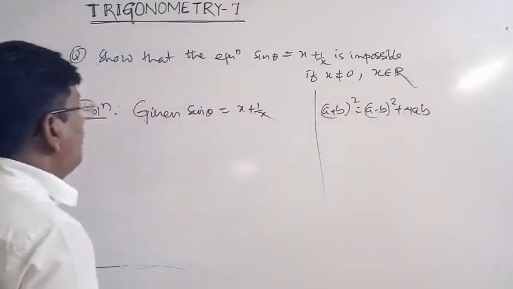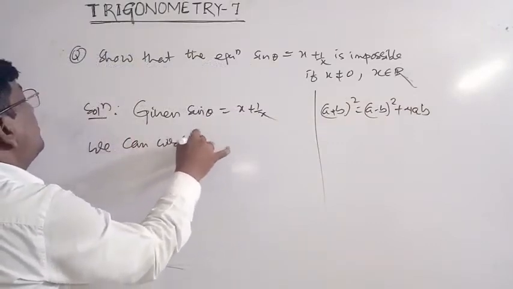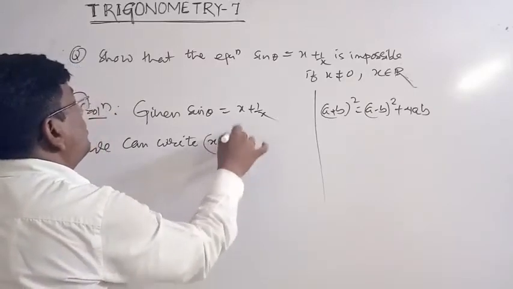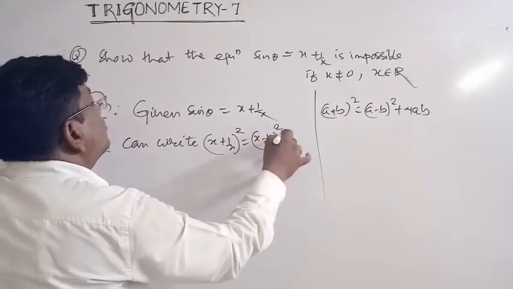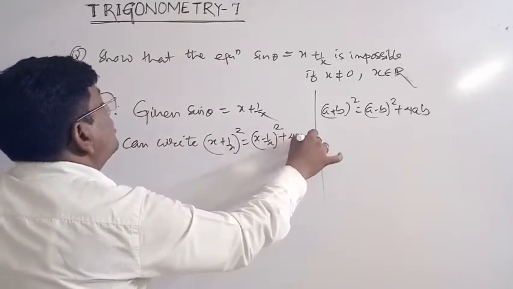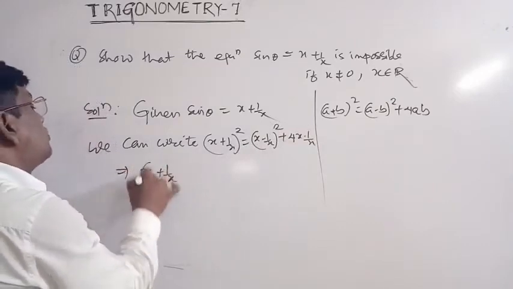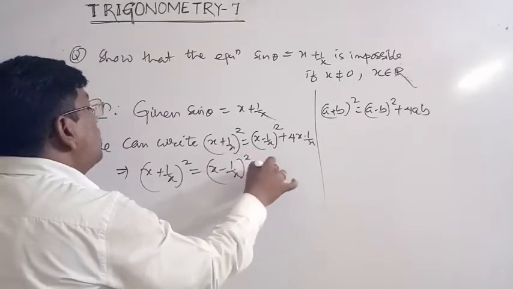So we can write x plus 1 by x whole square is equal to x minus 1 by x whole square plus 4 into x into 1 by x. That implies x plus 1 by x whole square is equal to x minus 1 by x whole square plus 4.